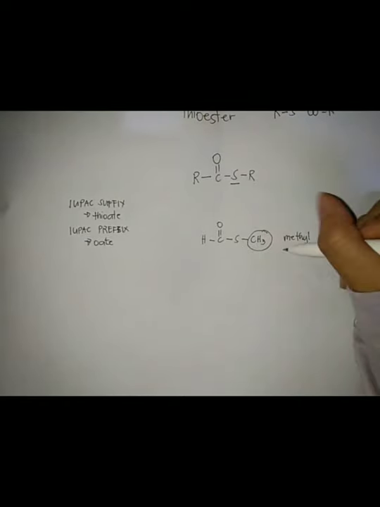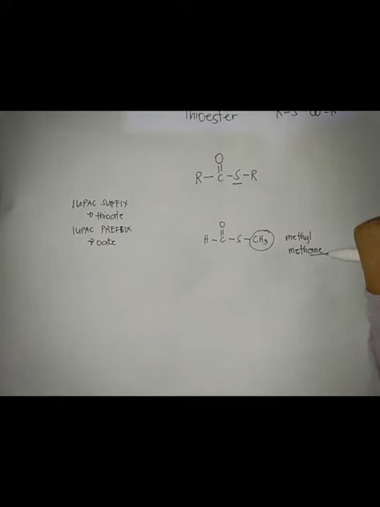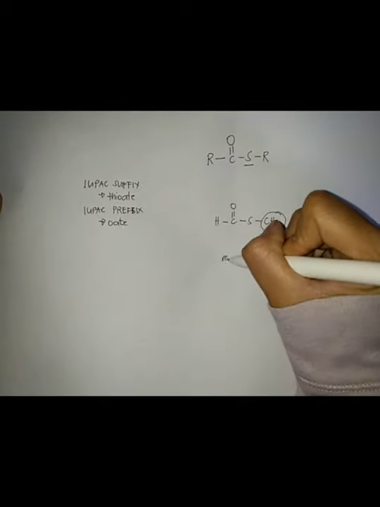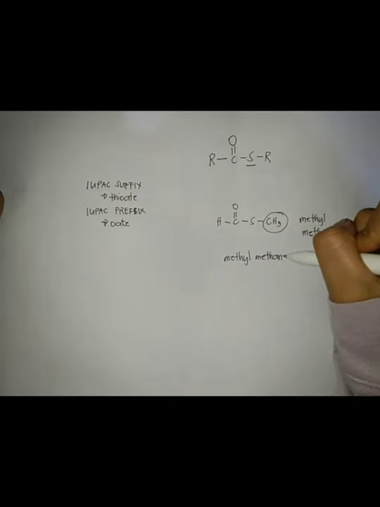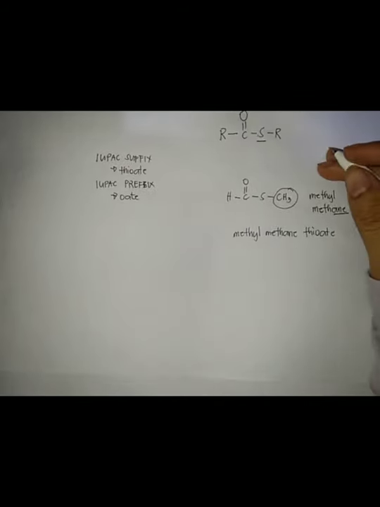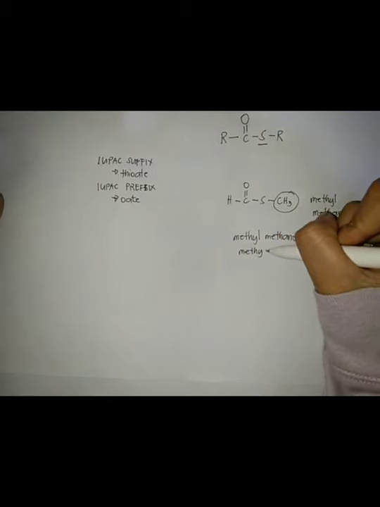Since we have only one carbon, we will name this as methane, ane because it belongs to the alkane group. So the IUPAC name of this compound is methane thioate. The common name of this compound is methyl thioformate.